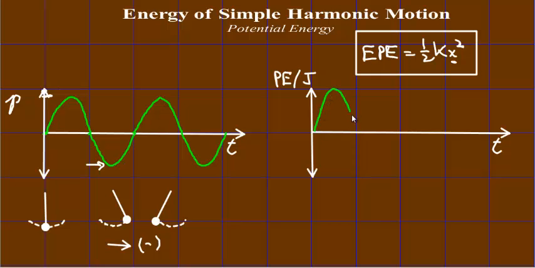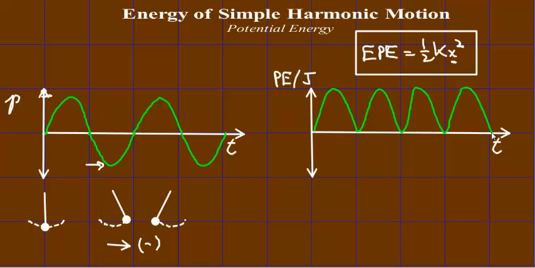It's basically going to go like this, but now watch what happens on the second bump. It's going to go up again, like that. That's because if you go over to the position time graph, this section here gets flipped up to the top because all those negative values get squared and become positive. So at the same points in time, position and potential energy are doing the same things. They're peaking at the same time. It's just that all the potential energy peaks are positive.